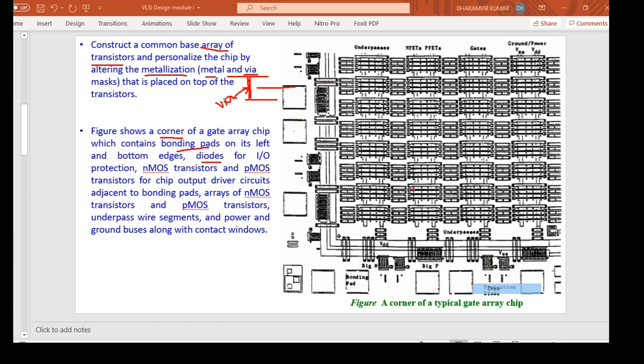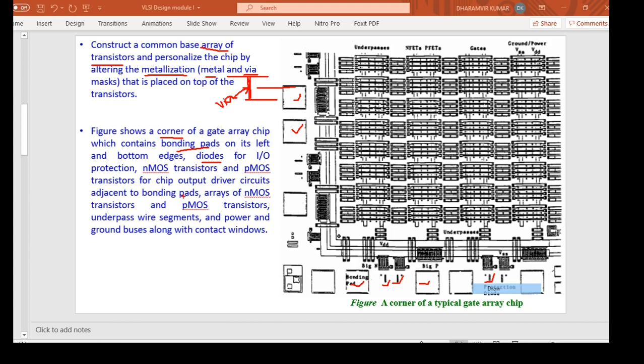It contains bonding pads on its left and bottom edges. I think these small squares are the bonding pads. Okay, this one, then this one, then diodes for I/O protection. Where are the diodes? I think these are the diodes. This one, this one, this one. NMOS transistors and PMOS transistors for chip output driver circuits adjacent to bonding pads.